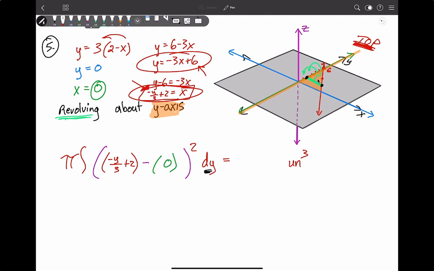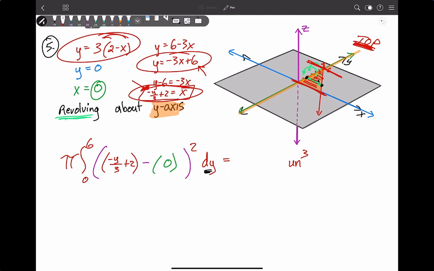So I'm looking at just as normal face value, okay? And I want to know, what is my lowest y value all the way up to my highest y value in this interval? Okay, so obviously the lowest y value is 0, and the highest would be 6, because that's where this graph here that was originally given crosses the y-axis. So this would be from 0 to 6.